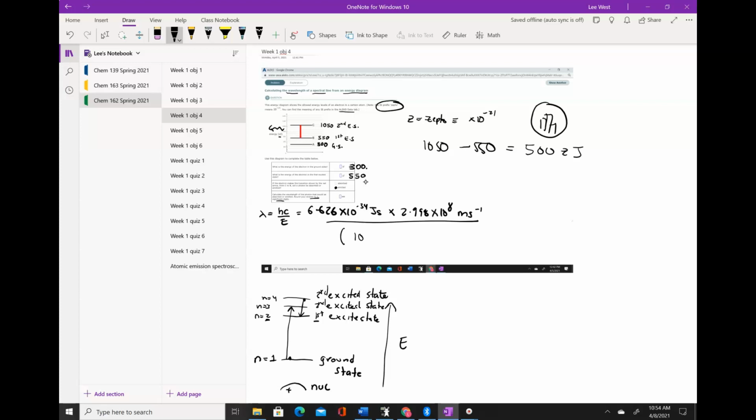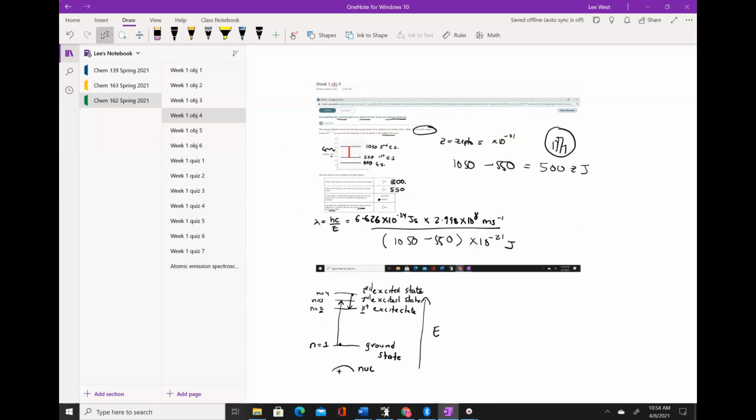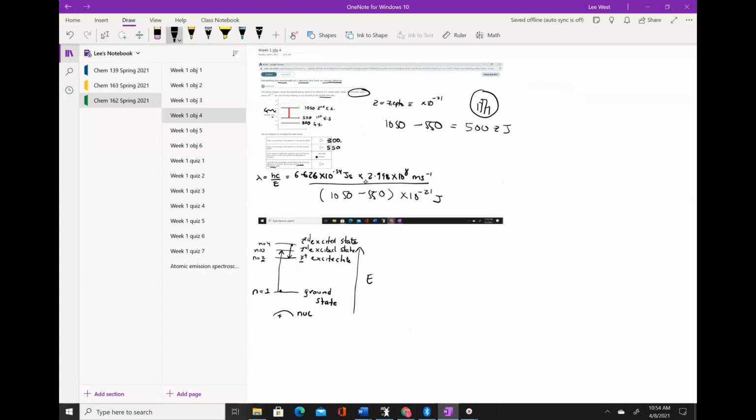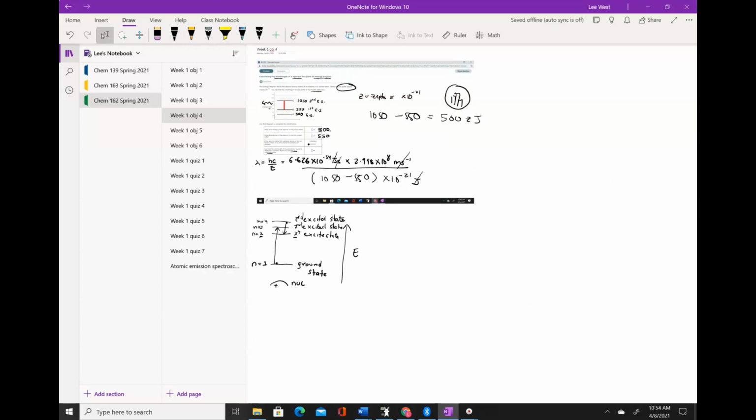So we can do that, 1050 minus 550, because it's zeptojoules, we're going to do times 10 to the minus 21 joules. Here we go. All right, so what gets cancelled? Joules goes, seconds times seconds to the minus 1 goes. So there we are, what we're left with, meters.